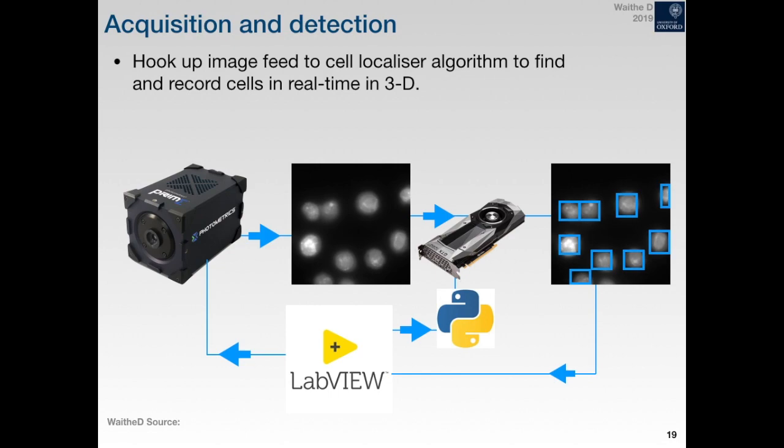We acquire the frames on the microscope, and the feed goes through Python into our computer vision algorithm, which is running on the GPU, and then we get the bounding boxes, and this feeds back to our control system, which will then adjust the camera and the rest of the microscope to control the movement and the acquisition.